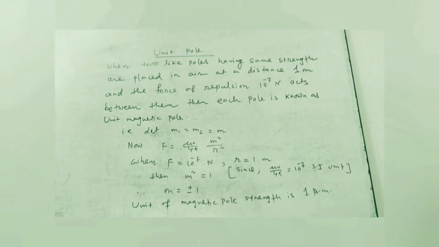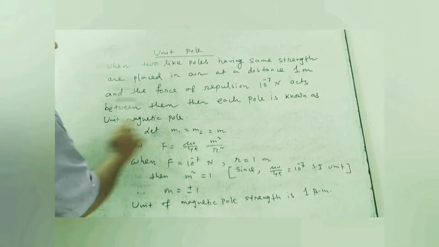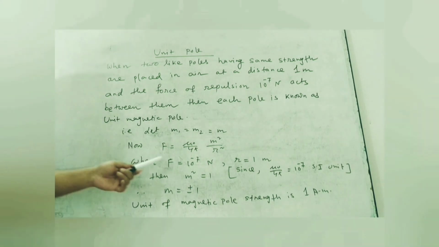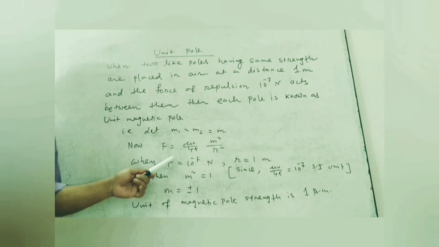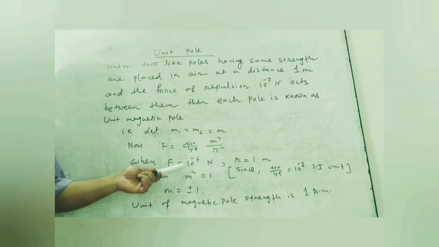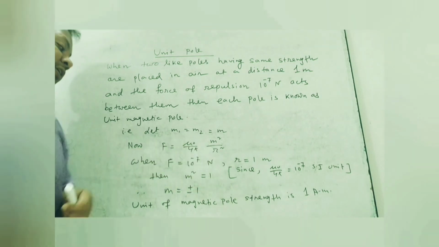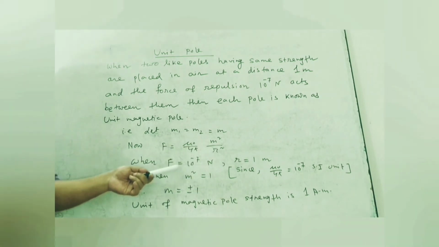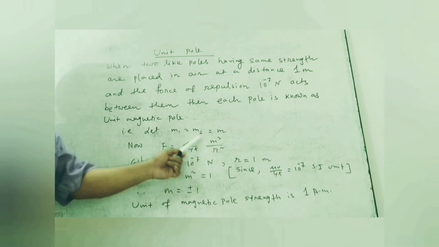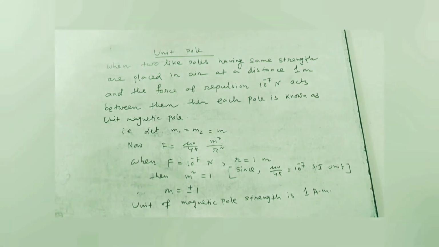That is, from Coulomb's law we know that F is equal to mu0 by 4 pi M1 M2 by r square. Here M1 is equal to M2 is equal to m. Therefore F is equal to mu0 by 4 pi m square by r square. Now putting F is equal to 10 to the power minus 7, mu0 by 4 pi is equal to 10 to the power minus 7, r is equal to 1 meter, we have m square is equal to 1.